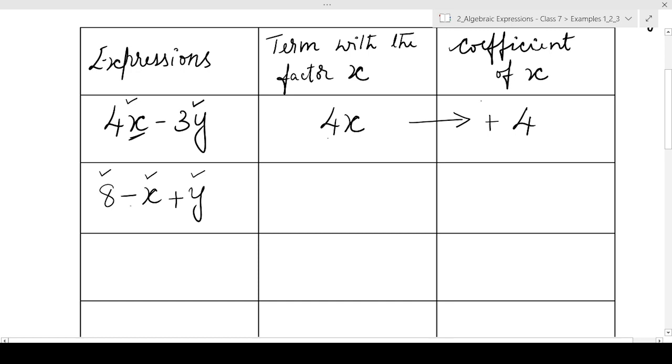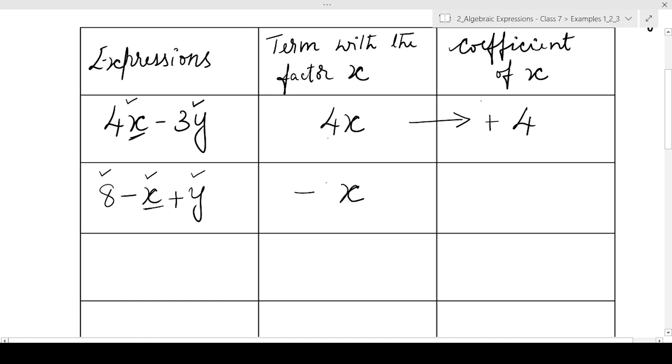Now, which is that term in this expression that has x as a factor? 8 does not have x along with it. Y does not have x along with it. You have the term x. Please don't forget to put the sign before that, so the term with the factor x is minus x.